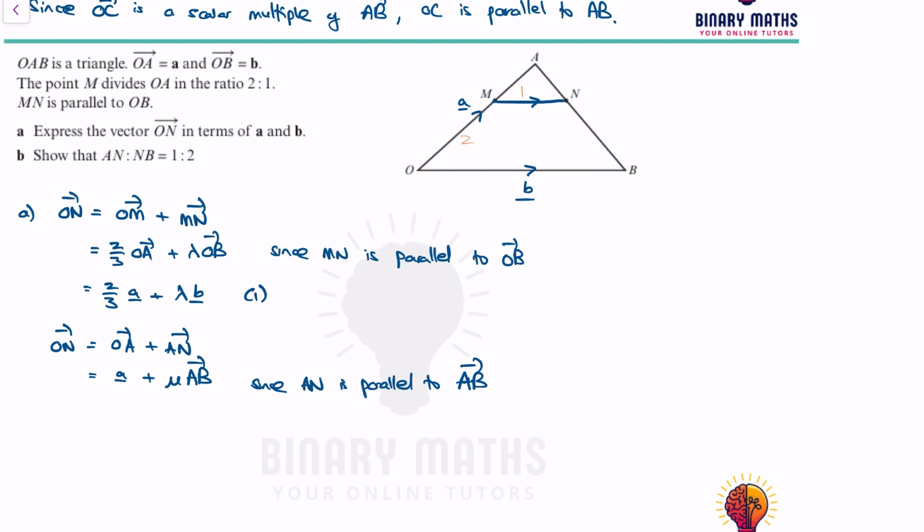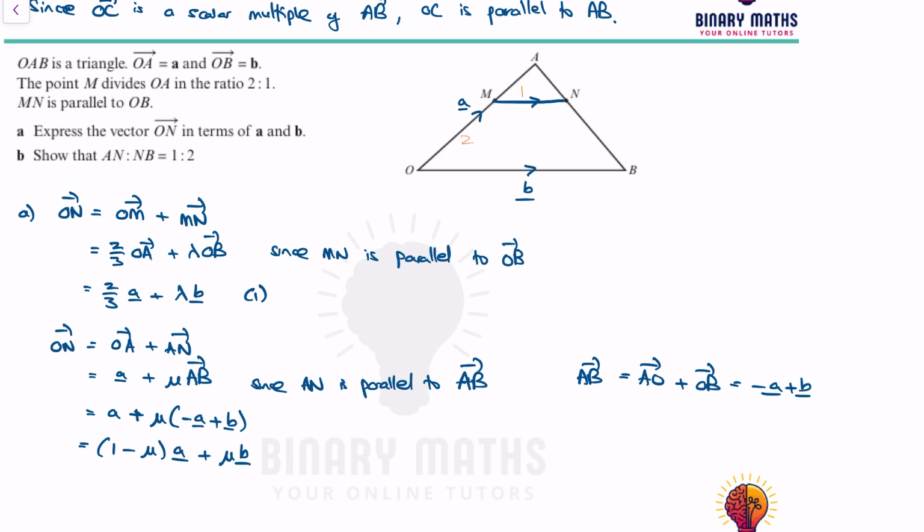Now we need to work out what A to B would be. A to B is the same thing as A to O plus O to B. A to O is minus A, and O to B is plus B. That means it's going to be A plus mu times minus A plus B. If we collect the A components together, you end up getting 1 minus mu times A plus mu times B. And that is my 2.